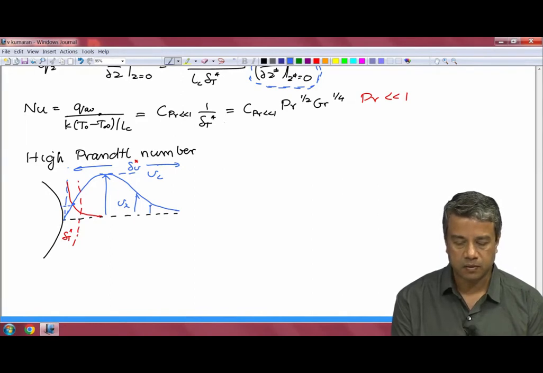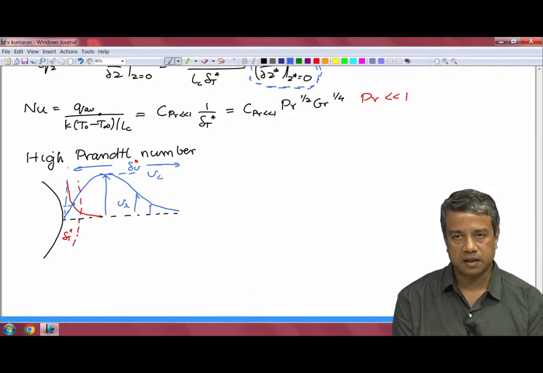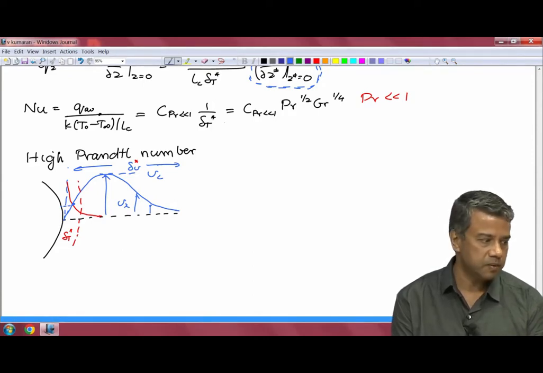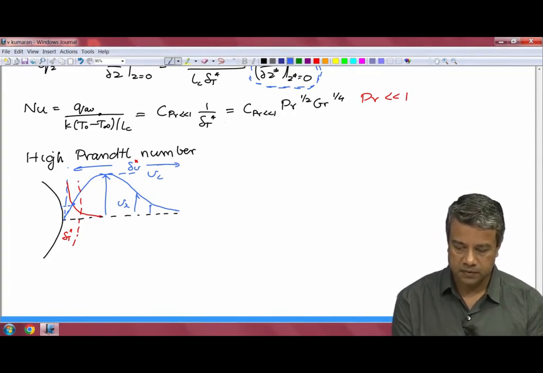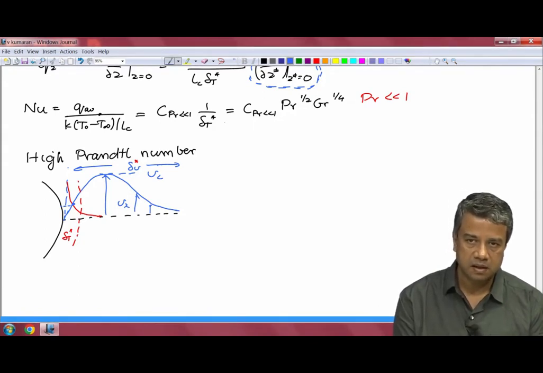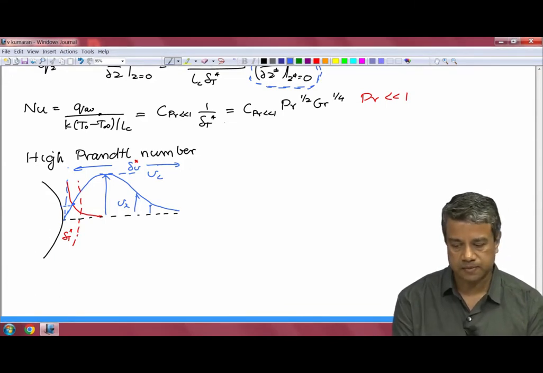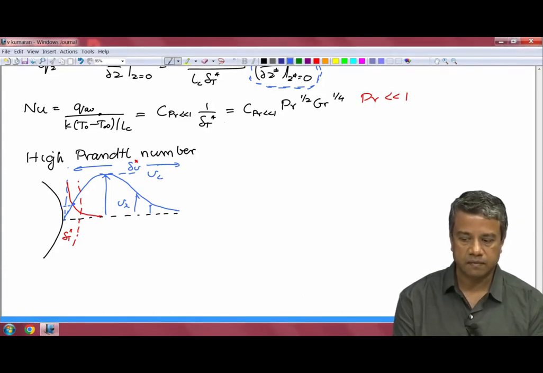Therefore, the average velocity in the thermal boundary layer could be much smaller than the characteristic velocity. And as the Prandtl number becomes large, we expect the thermal boundary layer thickness to become smaller and smaller in comparison to the momentum boundary layer thickness. And if there is a no slip condition at the surface, the fluid velocity has to decrease to 0 at the surface. Therefore, it will be small compared to the characteristic velocity close to the surface.